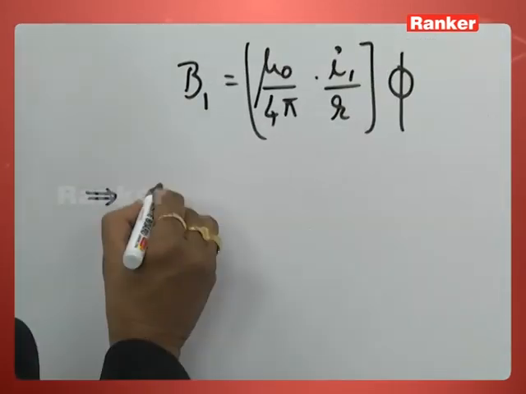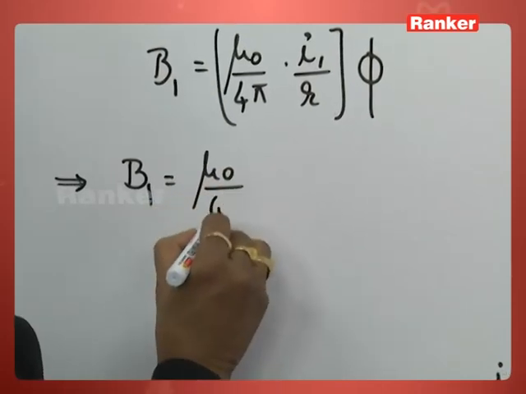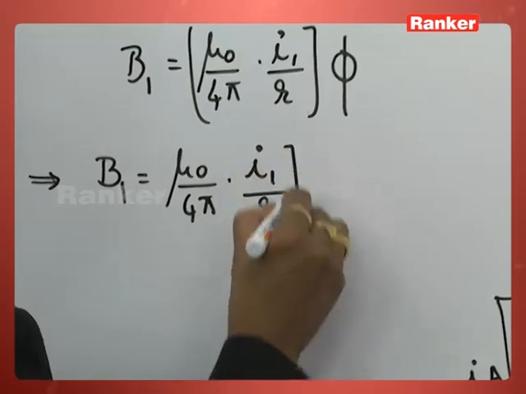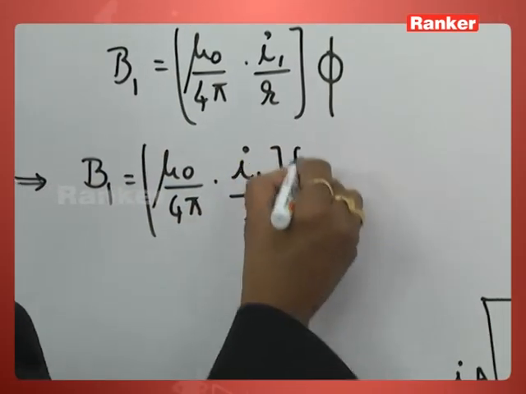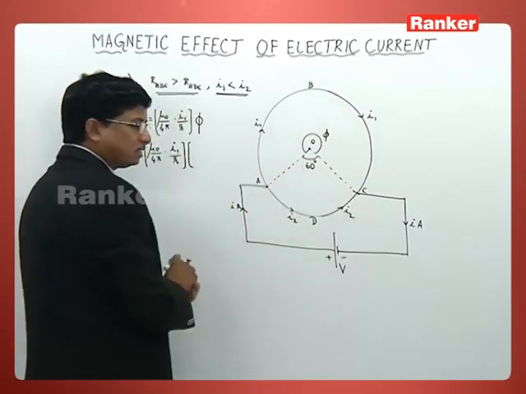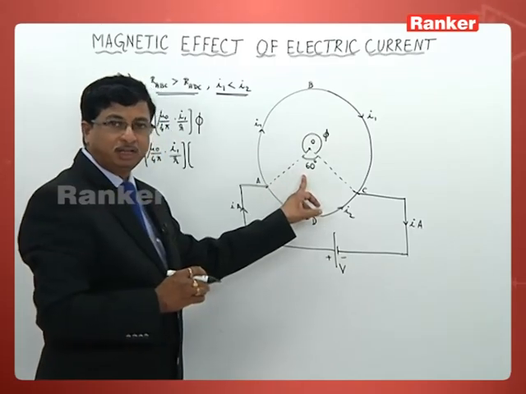I now can write the same this way. B1 is equal to mu naught by 4 pi, I1 by R, into what is actually this phi over here? Total angle is 60 degrees. That of course we write as pi by 3.